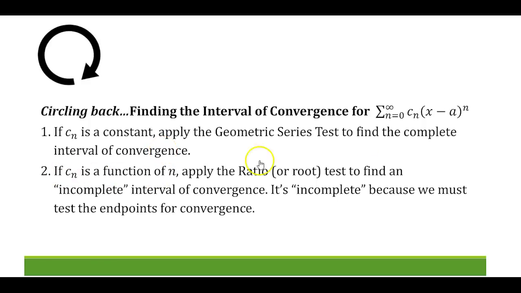But if Cn was a function of n, we have to apply the ratio or root test to find an incomplete interval of convergence. It's incomplete because we must test the endpoints for convergence. But now we have this test, the integral test, to help us test for endpoints.